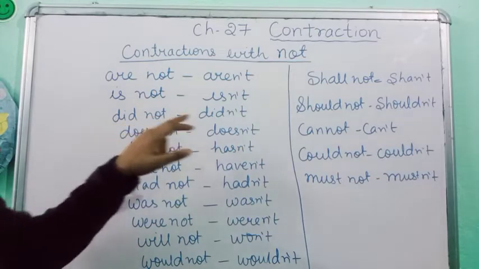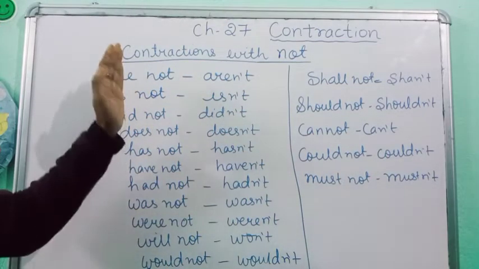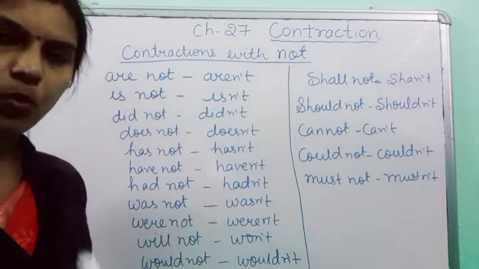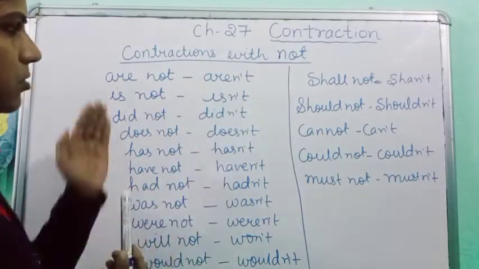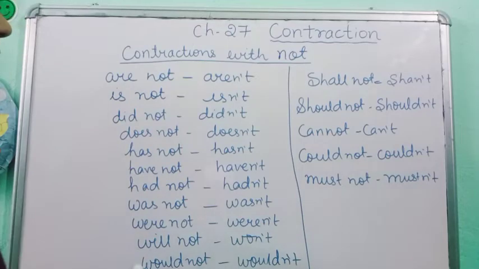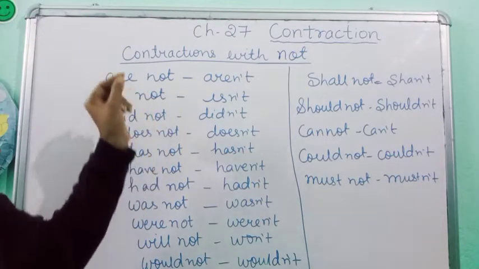Did not, didn't. So we have to omit the letter O in the word not, and use an apostrophe in the place of O.